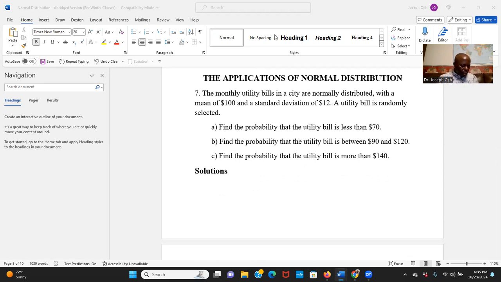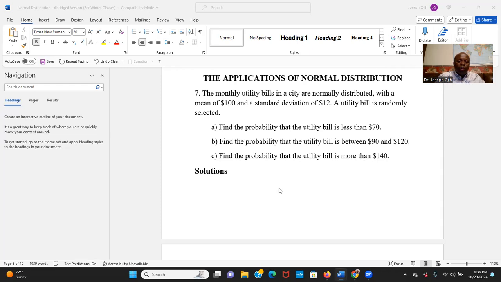B, find the probability that the utility bill is between $90 and $120. C, find the probability that the bill is more than $140. Okay, now, how do we do this?